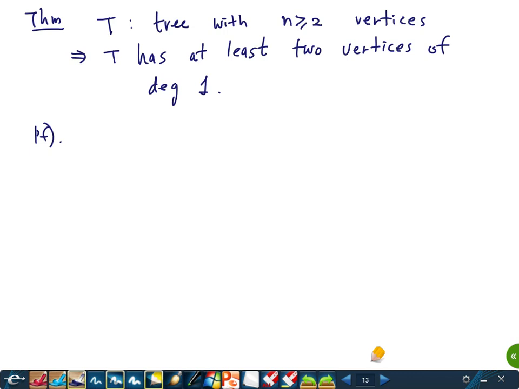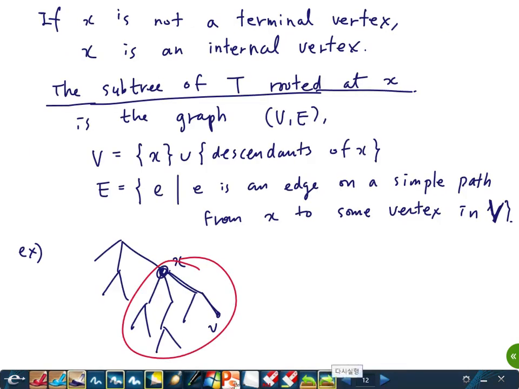So how can you prove this? The idea is, in other words, let me erase this. There are many vertices of degree 1, or leaves. There are at least 2. How can we show this?